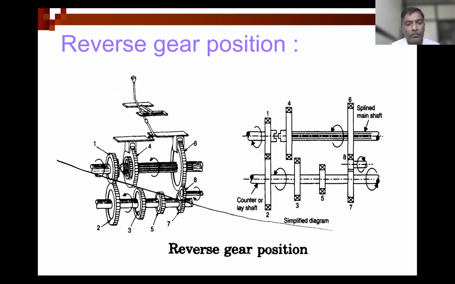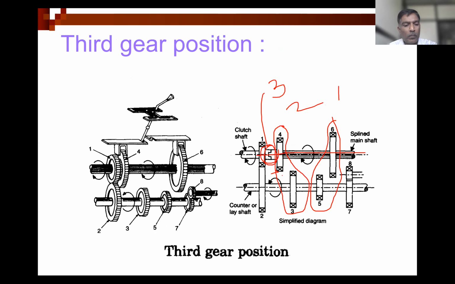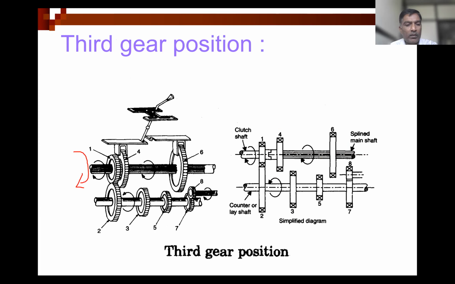So you can see, so here this is rotating in clockwise, this is rotating in anti-clockwise, and this will rotate in the clockwise. So for first, second and third gear, whatever direction of rotation of the clutch shaft, with the same direction of rotation, this main shaft is going to be rotated.